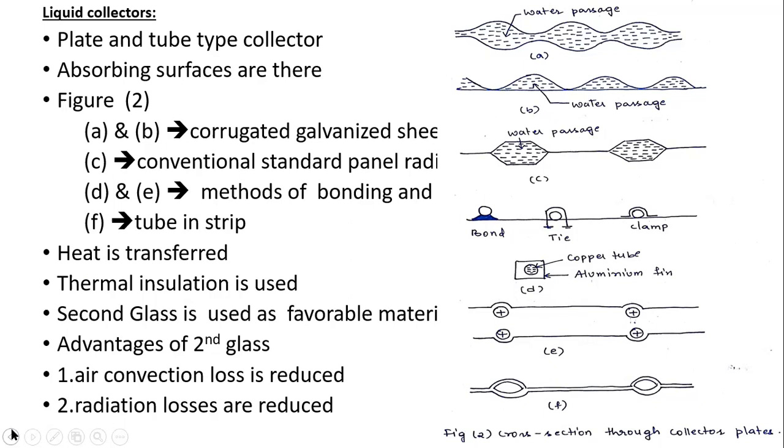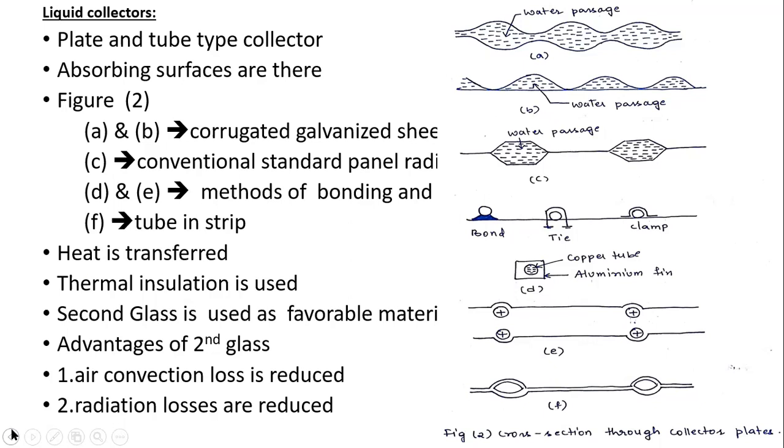If the cover is made of glass, it permits passage of solar radiation of wavelengths up to 2 micrometers. But what is the disadvantage of using glass here? It stops the longer wavelengths. It is largely opaque to the longer wavelength thermal infrared radiations.